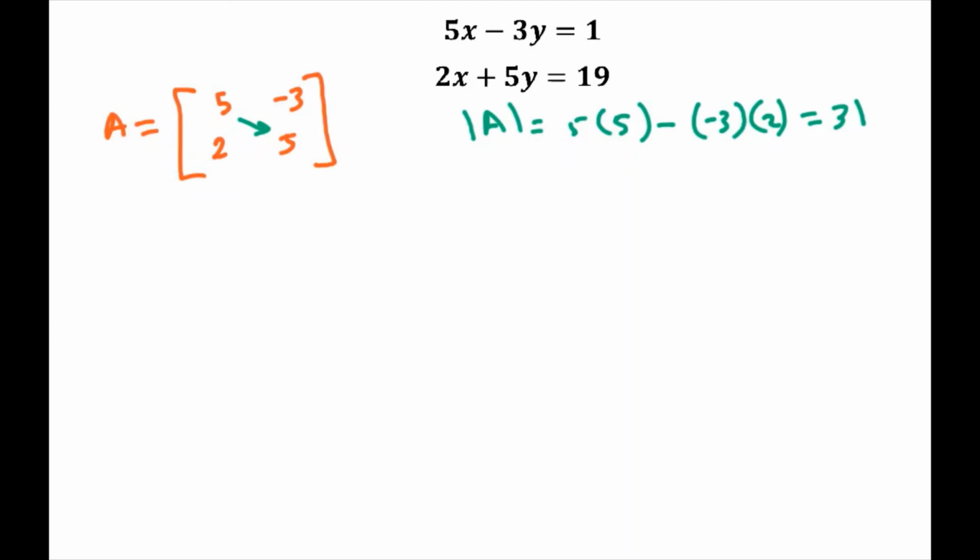And then you will say A inverse is 1 over 31 multiplied by the new matrix, which is 5. Again, you switch the sign here.